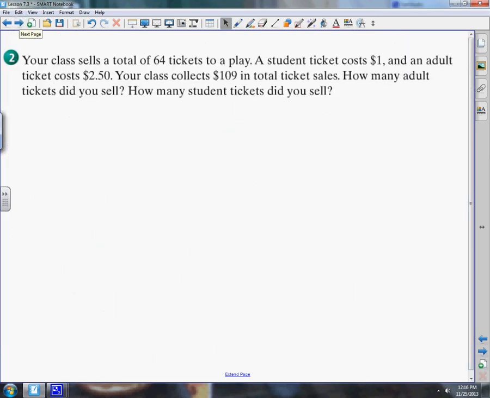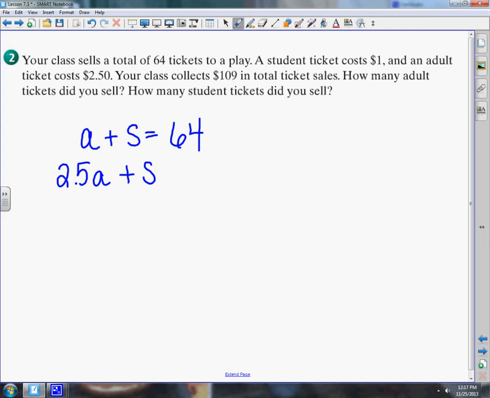So try this one. Your class sells a total of 64 tickets to a play. A student ticket costs $1 and an adult ticket costs $2.50. Your class collects 109 in total ticket sales. How many adult tickets did you sell and how many student tickets? Okay, so I'm going to have adult tickets and student tickets equals 64. And then an adult ticket is 2.50 times an adult, plus $1 for students equals 109.